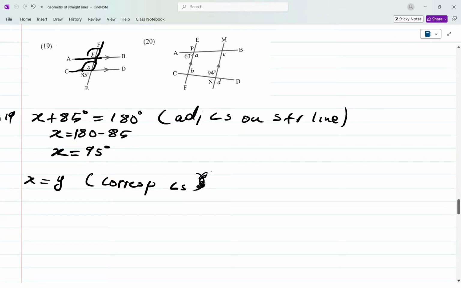I need to specify my parallel lines, which is AB being parallel to CD. I have found my x to be 95, then I can say y also will be 95 degrees.